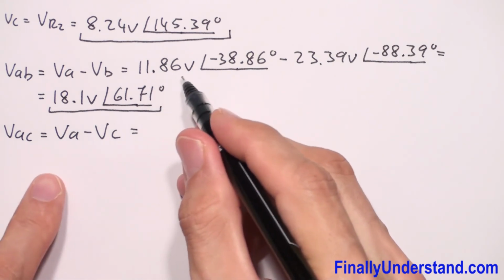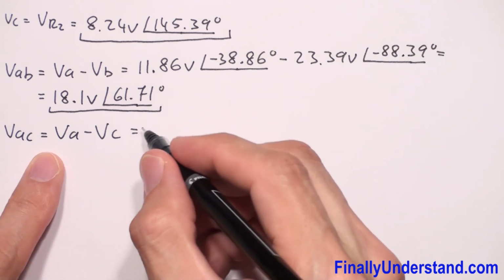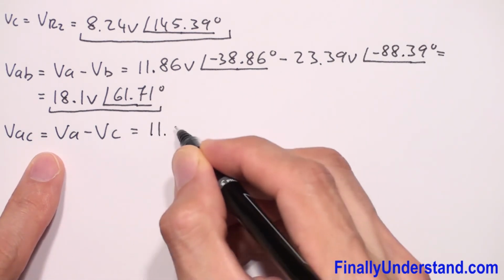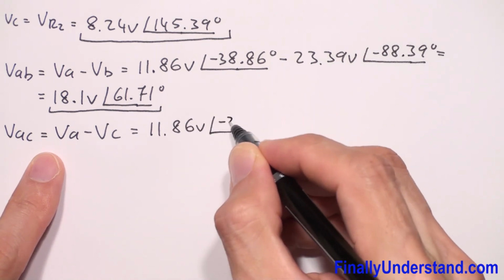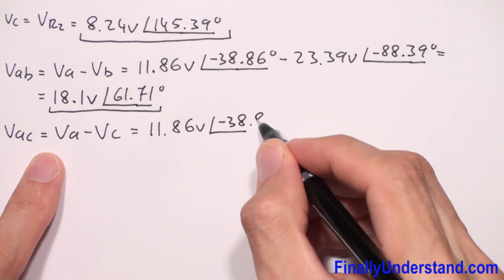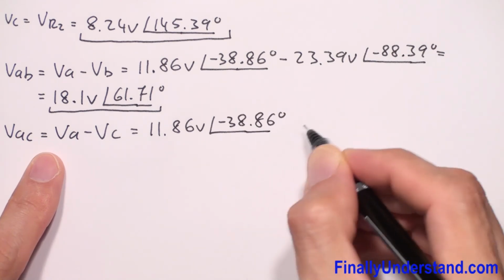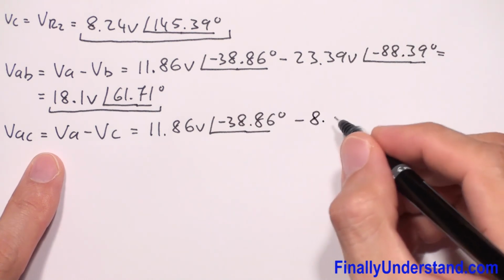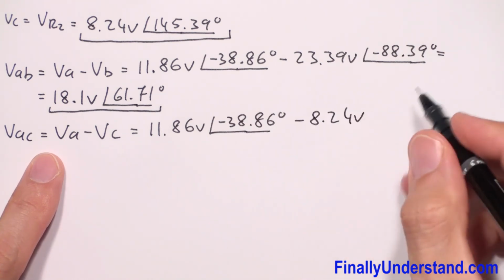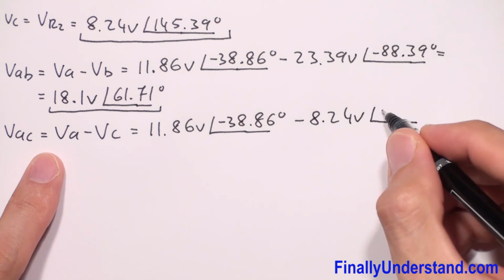VA we have already over here, so we have 11.86 volts and angle of negative 38.86 degrees minus VC, which is equal to 8.24 volts and angle of 145.39 degrees.